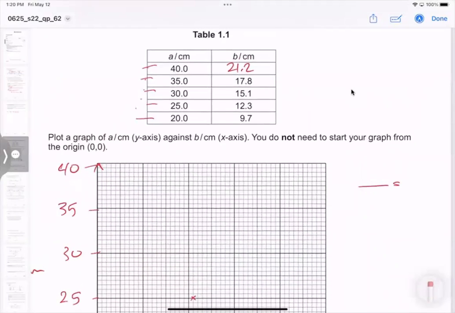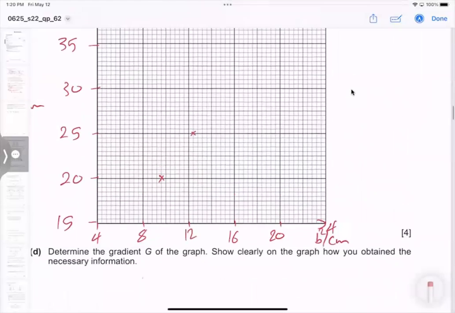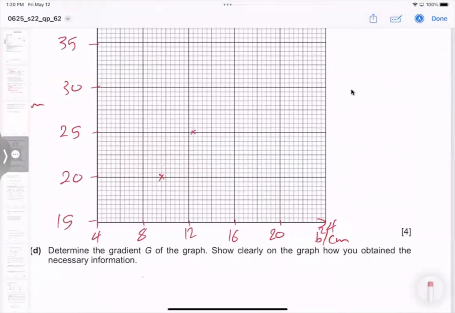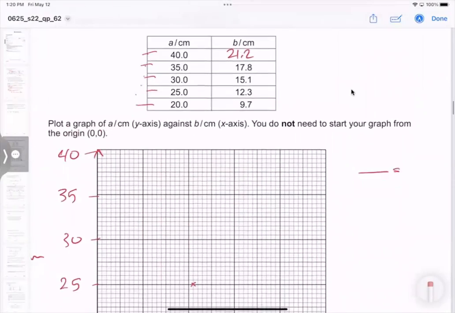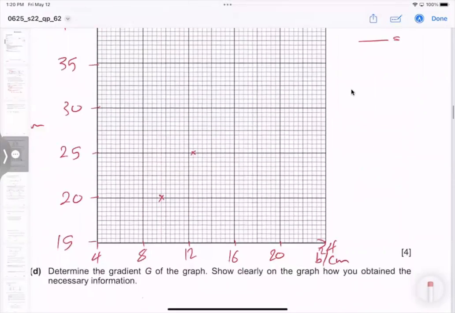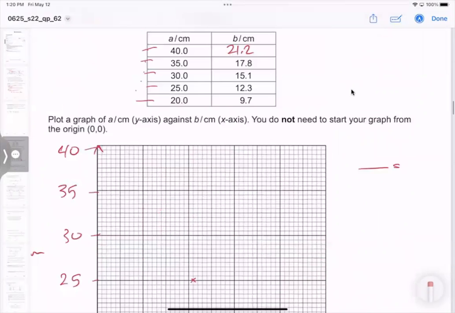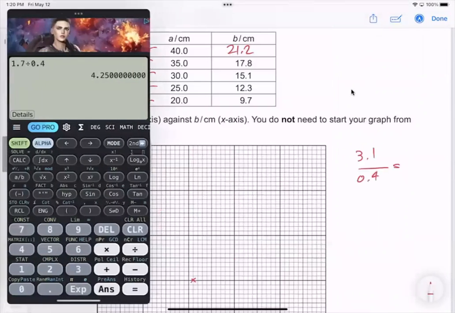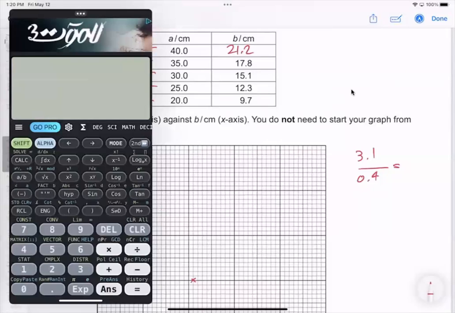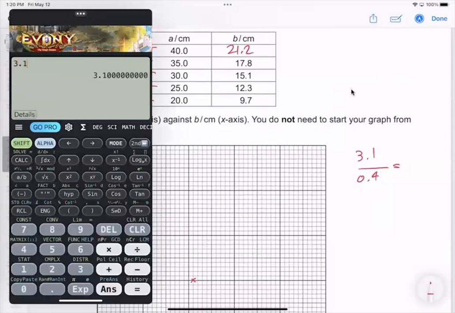And then 15.1, so it's like 15, with 30. Where is 15? We don't have 15, we have 12. So it's 15.1 minus 12, which is like 3.1. 3.1 divided by 0.4 will give us 7.75.